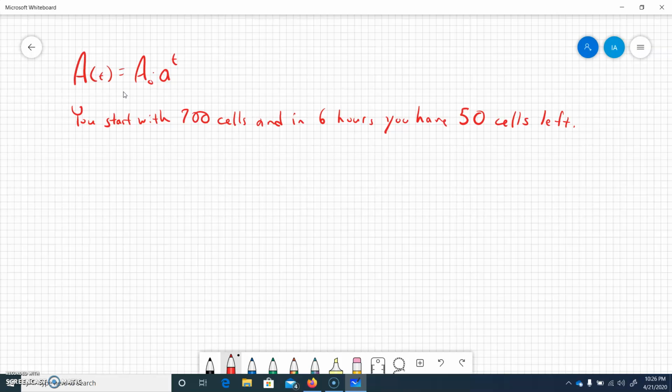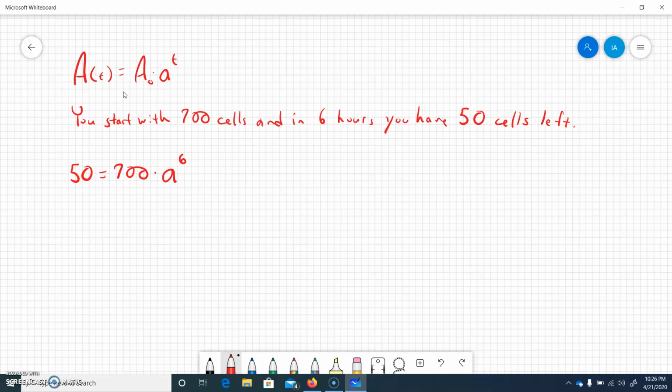So we know that the ending amount here is 50 and the starting amount was 700. What we don't know is the rate, the a, but we do know the time it takes for that to happen, which is 6. Okay, so a little bit different problem. So what we're going to do here is we can divide out the 700.